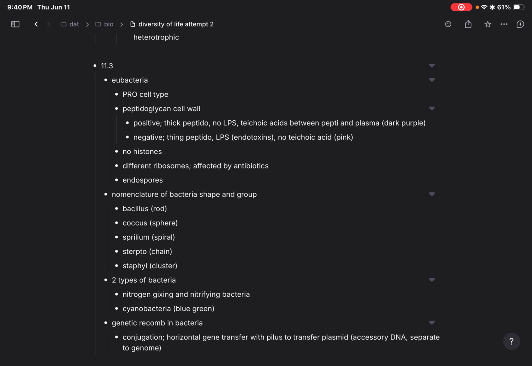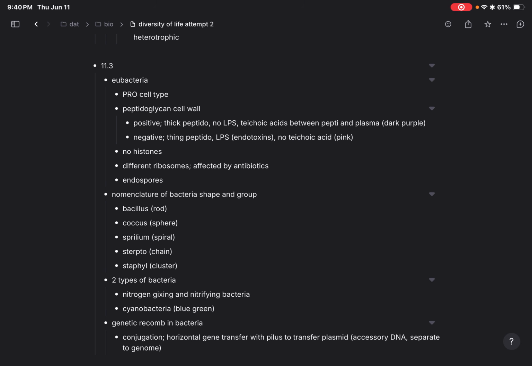So the two for arrangement are strepto and staphylo. Strepto is linear chains. Staphylo is cluster.